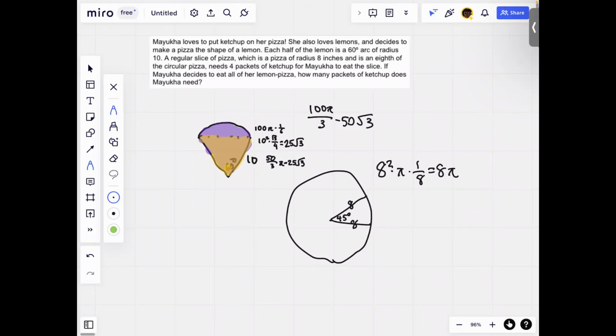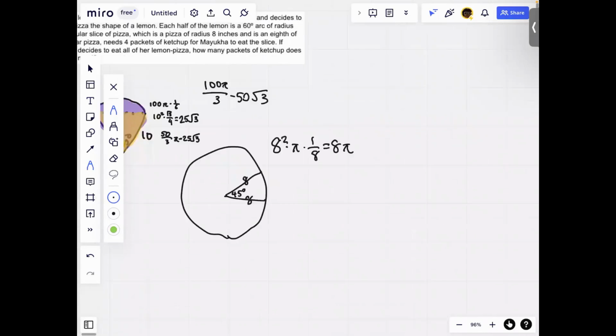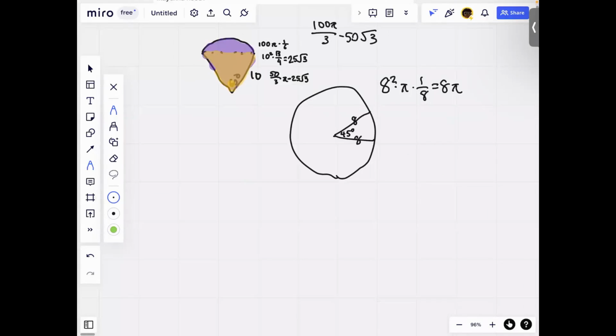So then we just want to know how many. The number of packets would just be 4 times the fraction of the 8 pi, that is 100 pi over 3 minus 50 square root 3, so 100 pi over 3 minus 50 square root 3 over 8 pi.